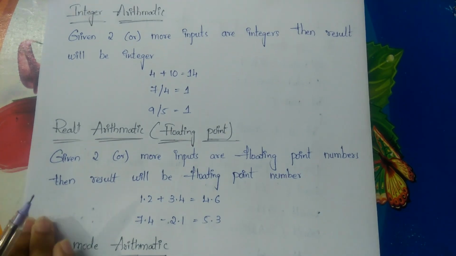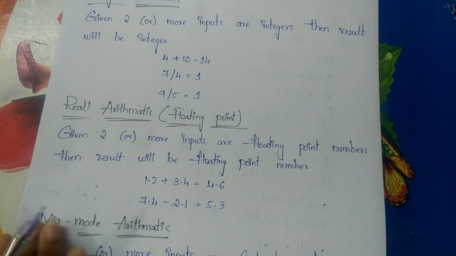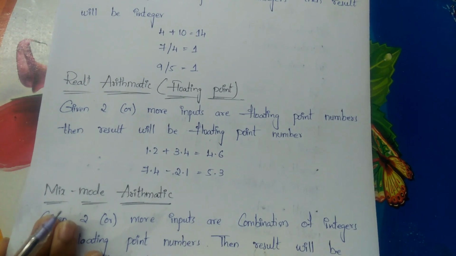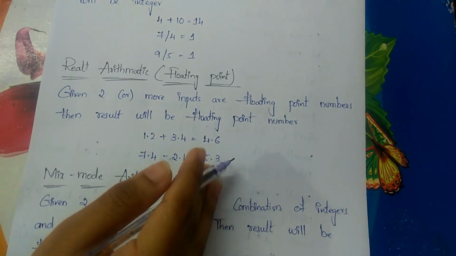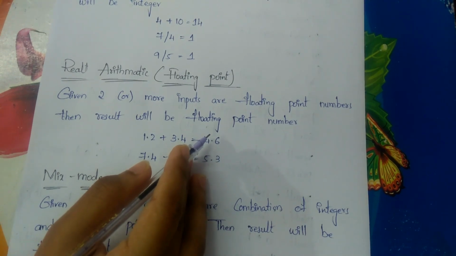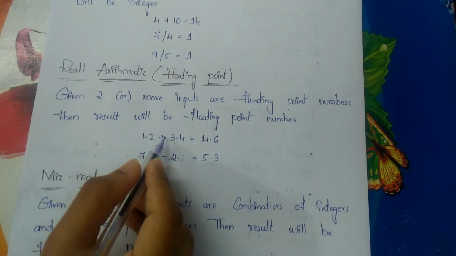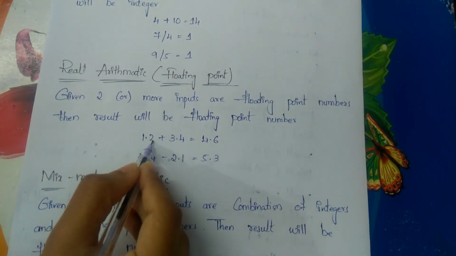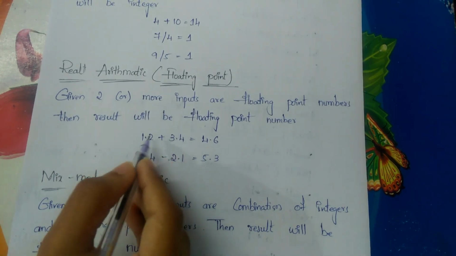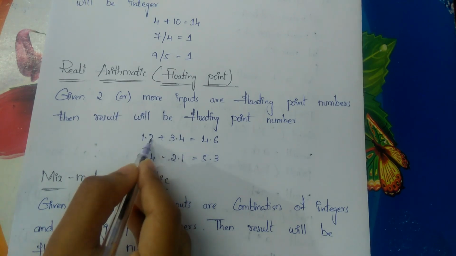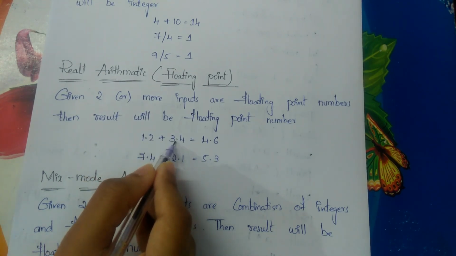Next, real arithmetic, nothing but floating point. Given 2 or more inputs that are floating points, the result will also be a floating point number. If we see the example here, 1.2 plus 3.4: 1.2 is a floating point number and 3.4 is also a floating point number. Not only 2, we can give more than 2 inputs.